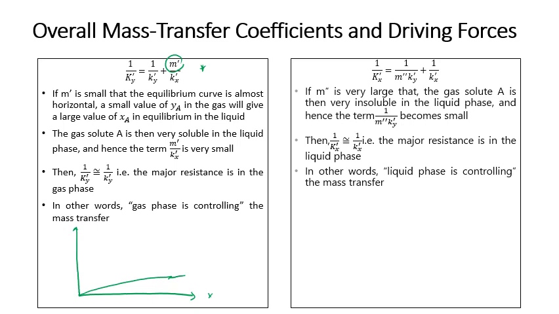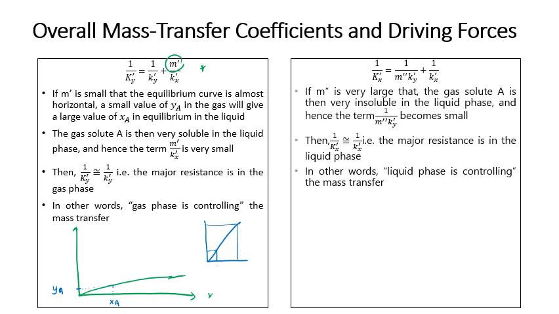If it's a straight line, then it should be y equals mx. So here, a small value of yA in the gas phase would give a large value of xA. How do you visualize that? If it's steep, a small yA would give you a small xA, and a large yA will give you a large xA.